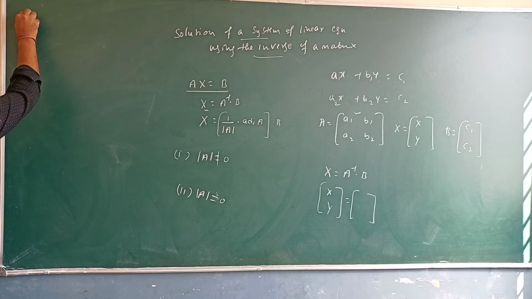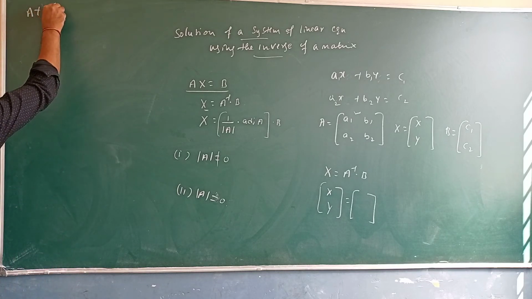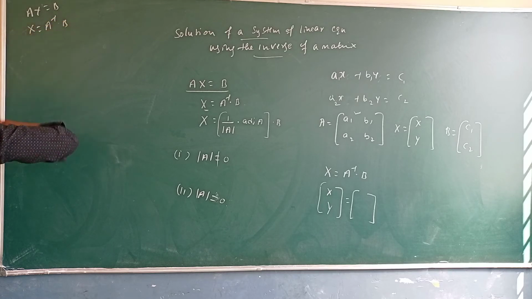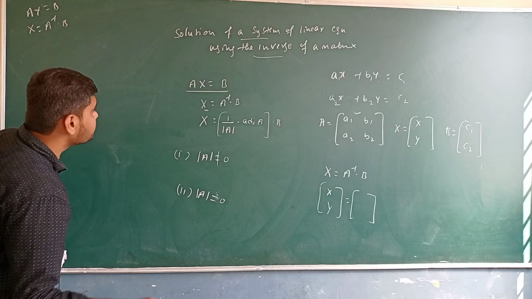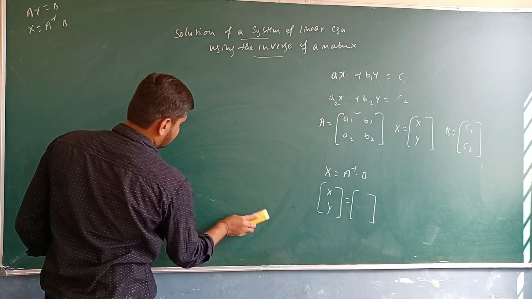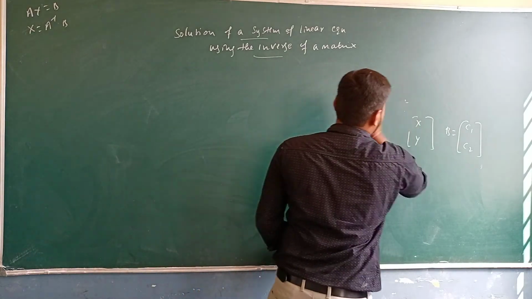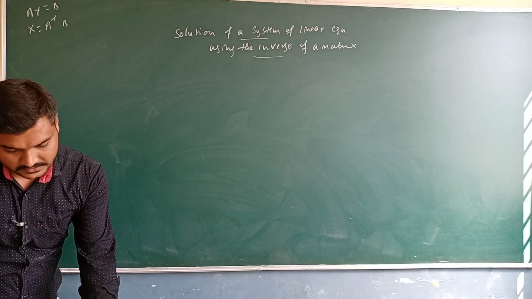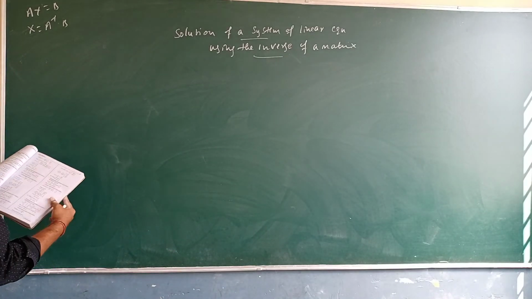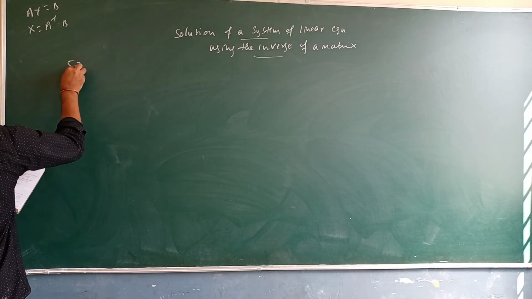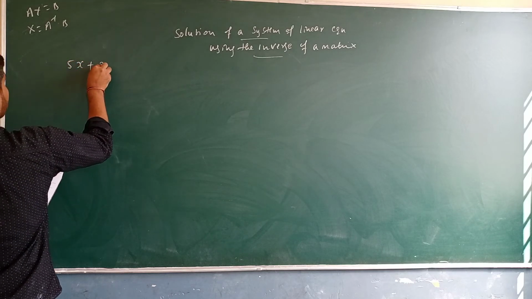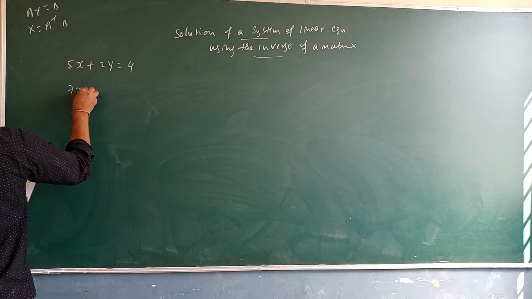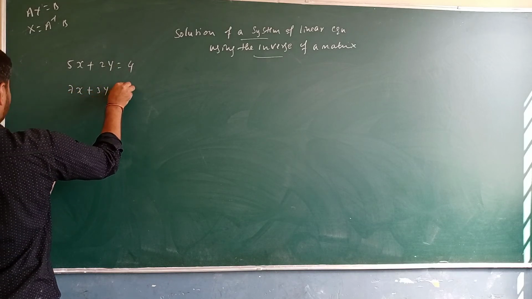So here ax is equal to b and the formula is x is equal to a inverse into b. Okay, the first one is: solve the system of linear equations by using the matrix method. That's 5x plus 2y is equal to 4 and 7x plus 3y is equal to 5.